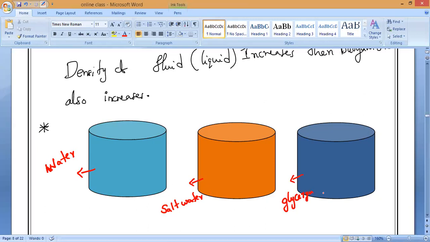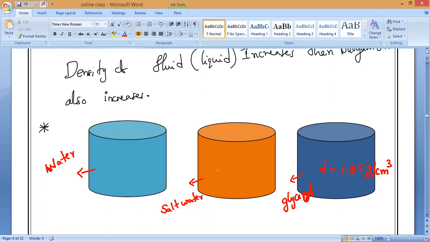What is the density of normal water? 1 gram per cubic centimeter. For glycerin, or glycerol, the density is 1.25 gram per cubic centimeter.